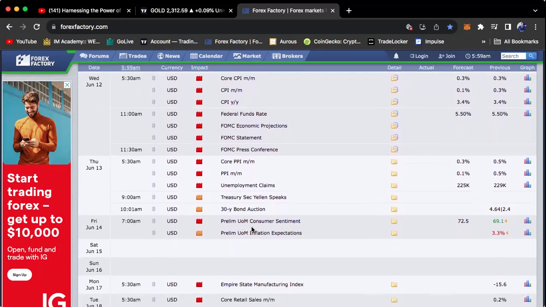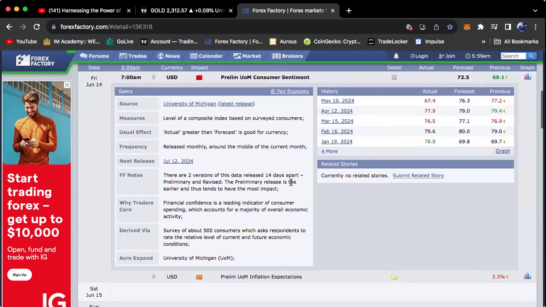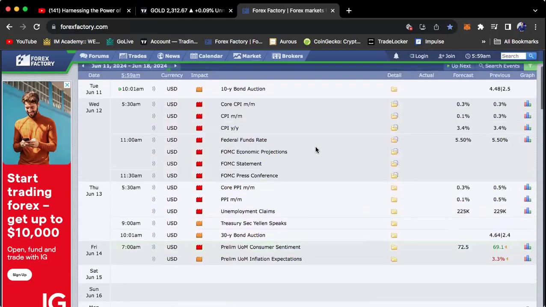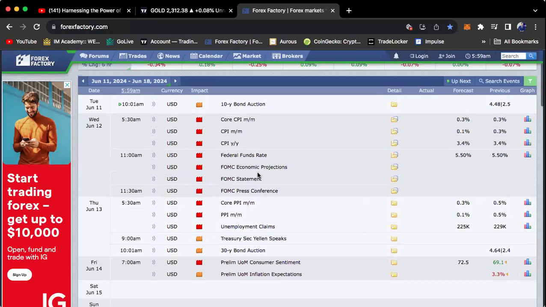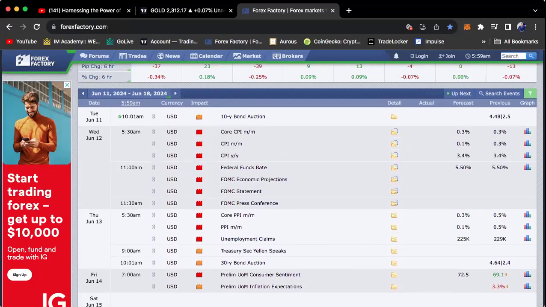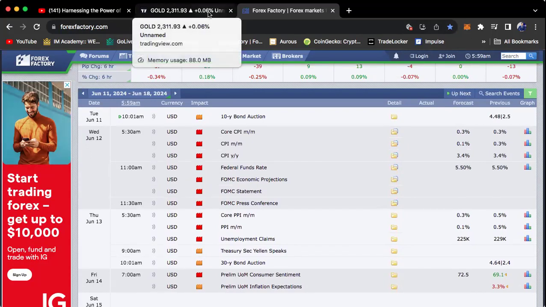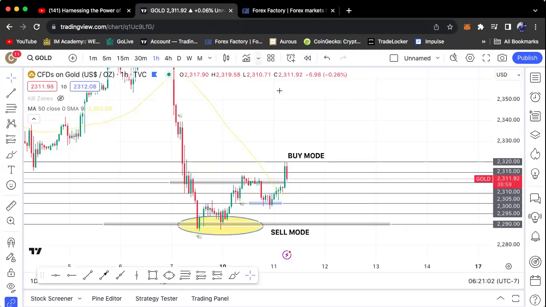And then Friday we have the prelim University of Michigan consumer sentiment. Okay, let me see here. So that's the news for this week. You guys can go to forexfactory.com and look over this, okay? And do more reading. Now, let's go to the charts.